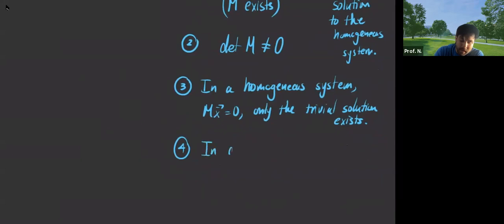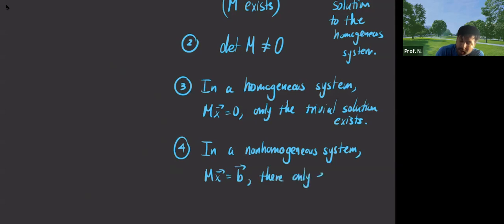Do you guys see this? In a non-homogeneous system, Mx equals b, there only exists, I should say, a unique solution exists.